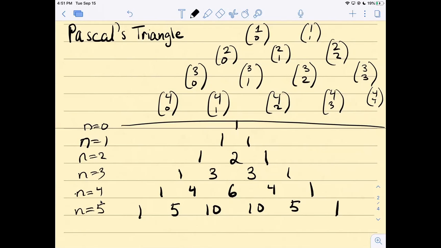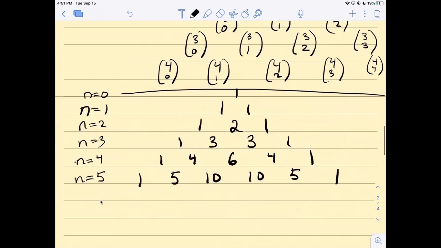There's a lot of beautiful patterns in Pascal's triangle, and that's because it just consists of different combinations. So each row is a sequence of combinations. Would row 15 be n equals 14 or n equals 15?